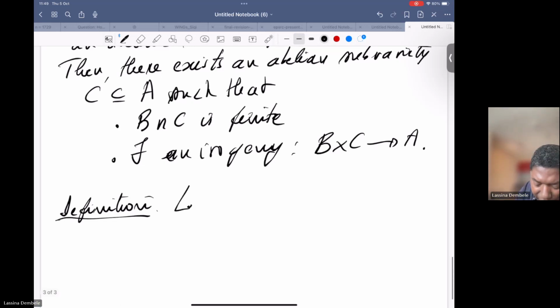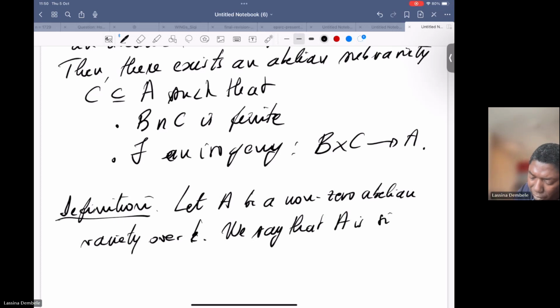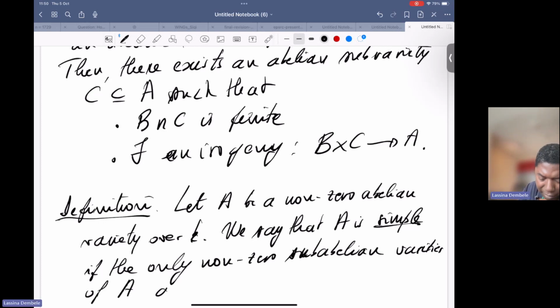Let A be a non-zero abelian variety over K. Then we say that A is simple if the only subabelian varieties of A are 0 and A itself.